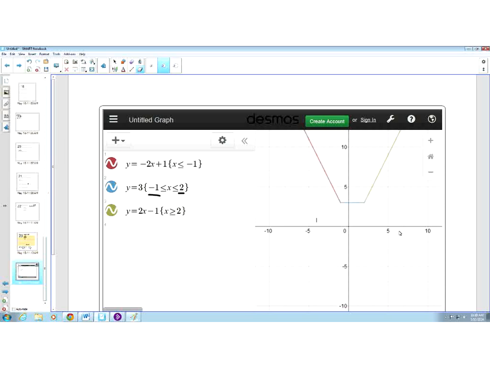All right, so what next? Okay, so let's talk about inverse functions now. This will be the last topic of lesson 1. All right, so let me erase this graph.